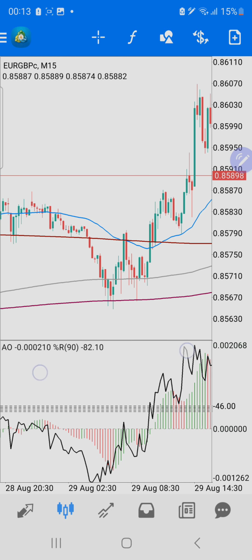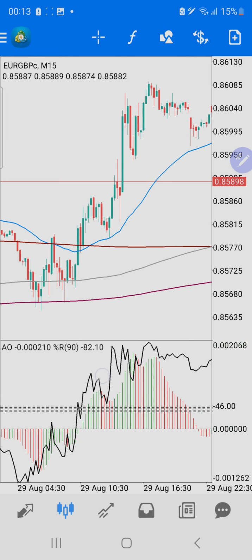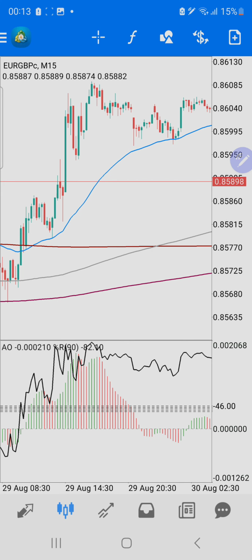What do you see here? If you go on a smaller chart, you'll see it like this. The market broke the neckline, this neckline.